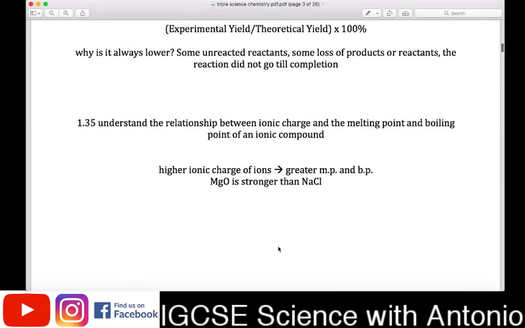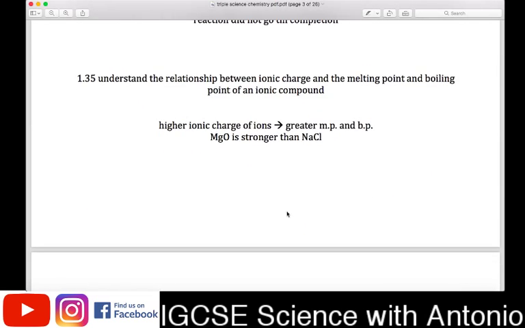Alright, now moving on. Again, not too difficult. You have to remember that the melting point and boiling point, which we're talking about, the physical properties, are related to the ionic charge. Okay, the higher or greater the ionic charge of ions, the greater the melting point and the boiling point.